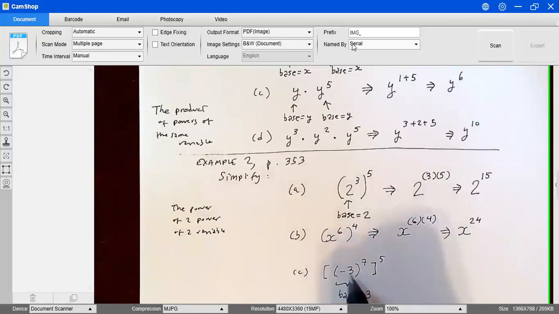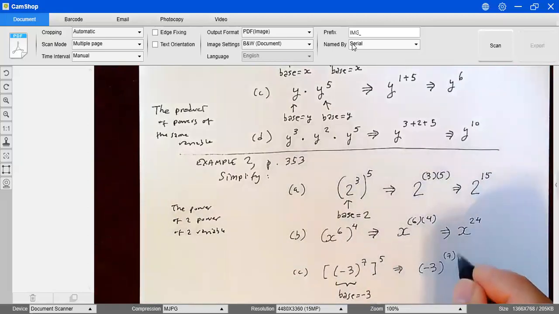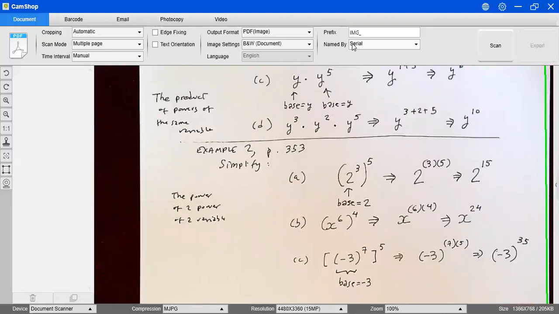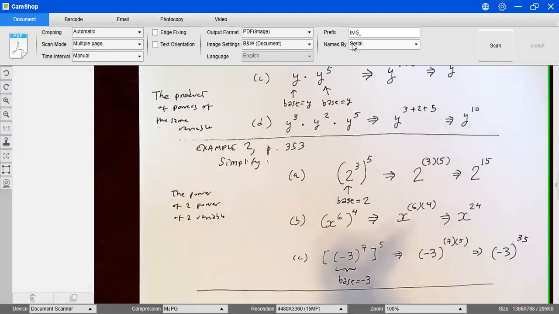Then that power is raised to another power, which is the 5th power. So we're going to write the base, and we're going to multiply the exponents. So this is going to be -3 to the 35th power.